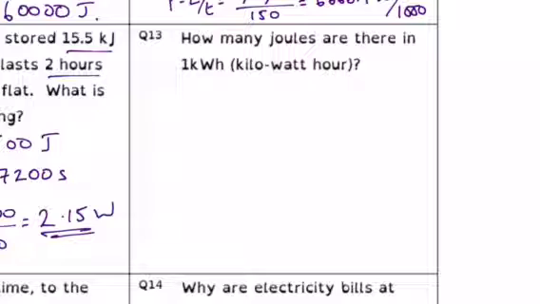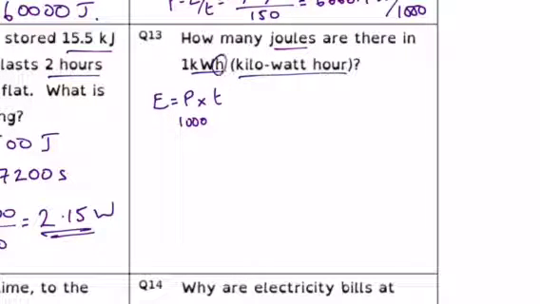For question 13, I said right at the start we might occasionally need to use kilowatt hour as a unit of energy. So we need to recognise what a kilowatt hour is. Well, energy is power multiplied by time, but rather than power in watts, we would say 1,000 watts is the same as 1 kilowatt.